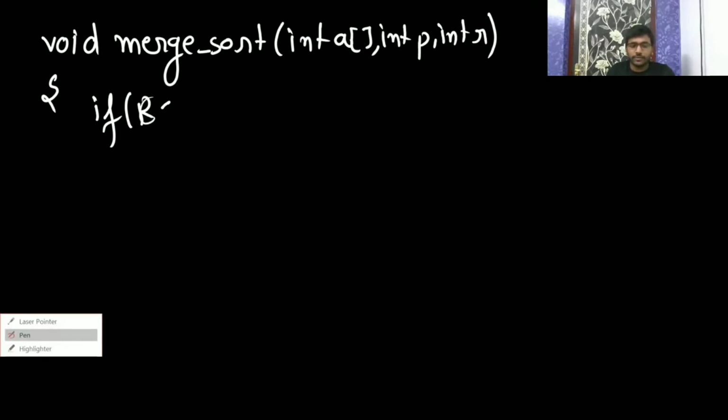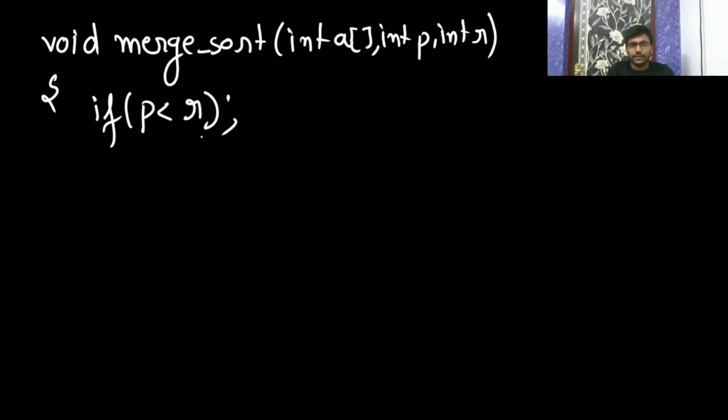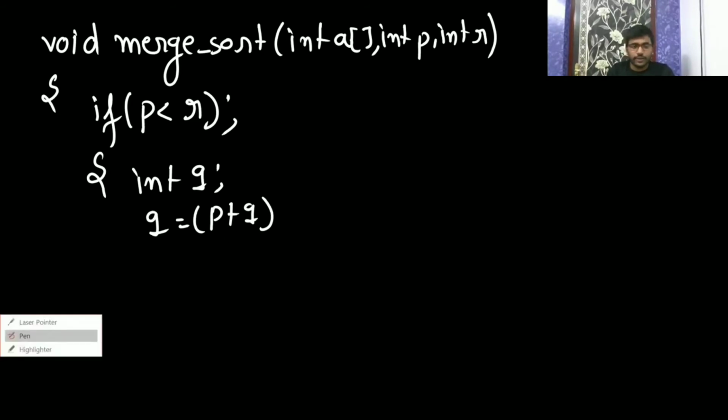If P is equal to R, it means only one element. If only one element is there, why sort? It is already sorted. So if P is smaller than R, then declare int Q to divide, Q is going to have the index of the half, P plus R by 2. Just like we find the mid index, Q is the mid index.